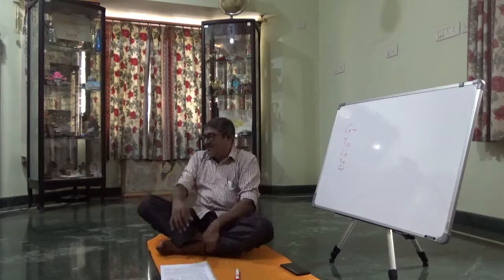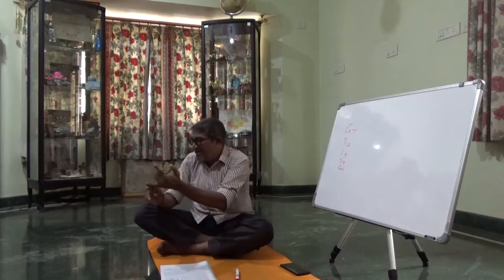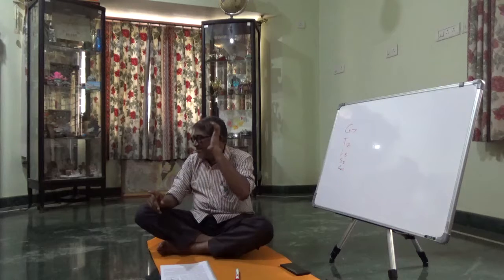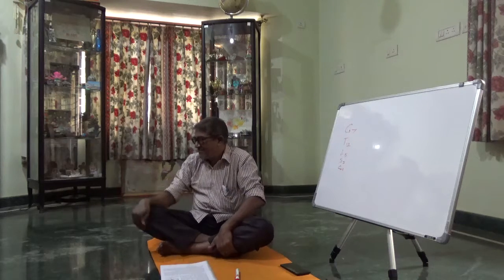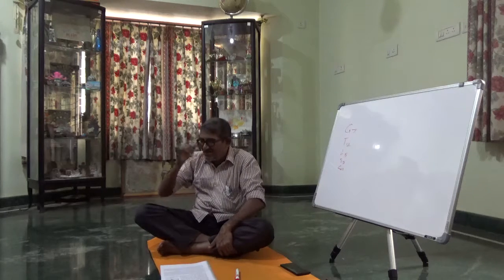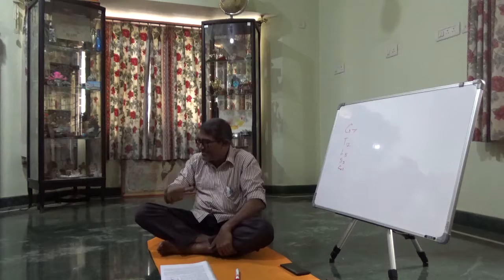So now we know about the systems in the body. One is the nervous system, and then the skeletal system, or you can come from the center to outside or from the outside to center.